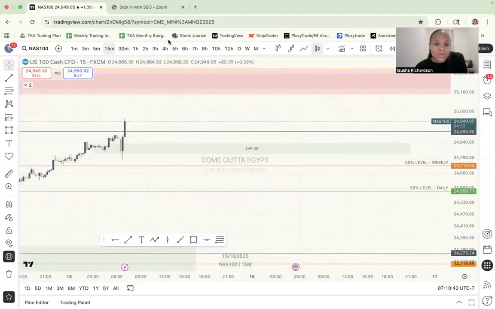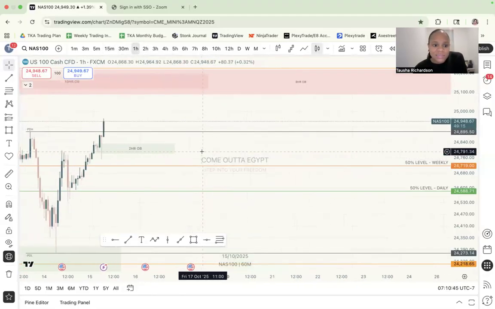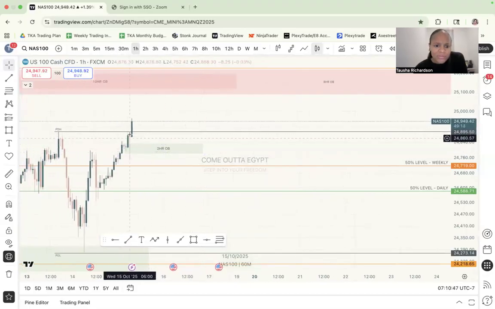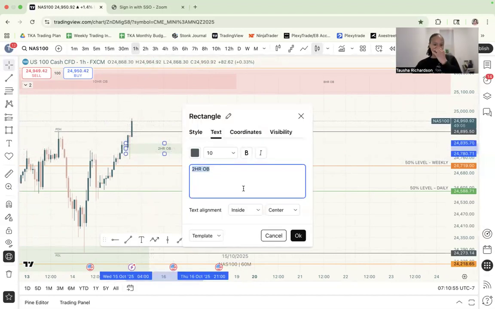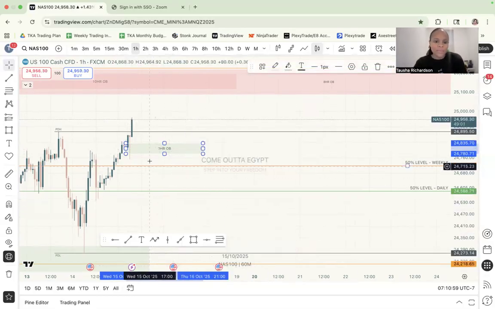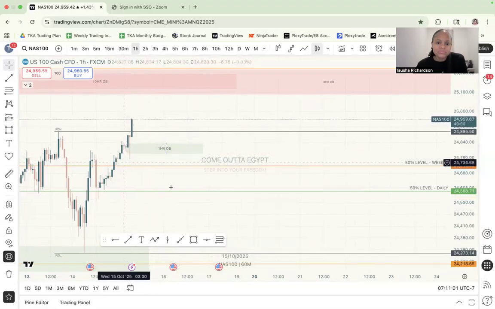And that's really all I see. I was going to say I see this 1 hour right here, and it looks like it's already tapped. Actually, let's go ahead and refine this. So this is actually a 1 hour order block, because it's at a support level, and I'll talk more about that in a few minutes.